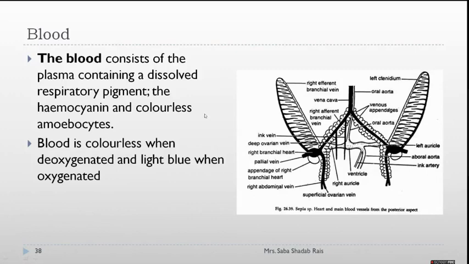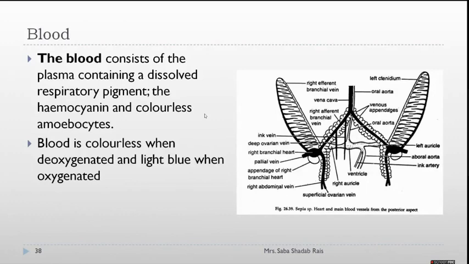Now let us discuss the blood. Very interestingly, it contains a dissolved respiratory pigment. What about us? We do not have dissolved respiratory pigments. We have respiratory pigments which are contained in the red blood cells, right?